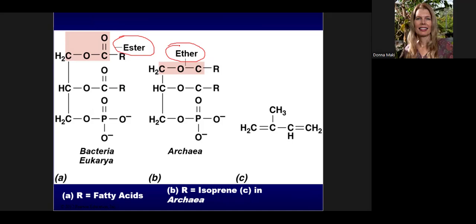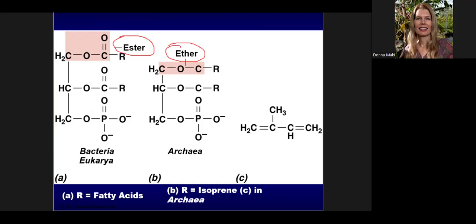So that's the other thing. We're going to get into that a little bit. Archaea don't have true fatty acids. That's another big difference. All right. So the R group here in the domain bacteria and eukarya are fatty acids that are dangling off. But here, actually, they're isoprene units, which is a little different.